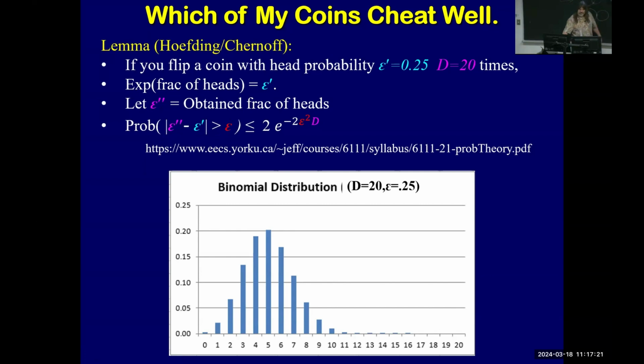If you set D, here you have some epsilon you want to be within. You set D to be bigger and bigger and bigger. This probability is going to get smaller and smaller and smaller, so that the probability is really, really small that I deviate by this red amount.